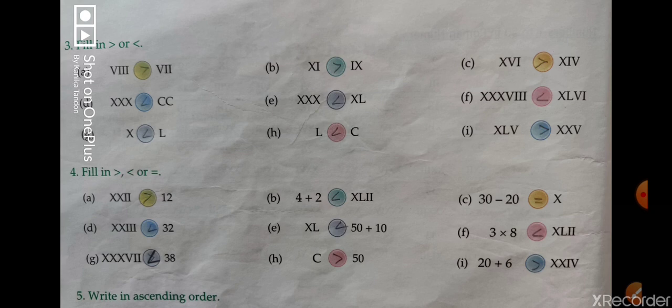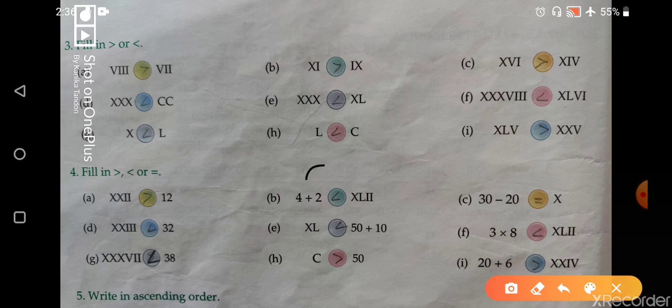So 4 plus 2 is 6, and it is written XL double I. So XL is 40 and double I is equal to 2. So this is 42. So what is the smaller number? 6. So we'll put a sign like this. Coming to C, 30 minus 20 is 10 and X is 10.